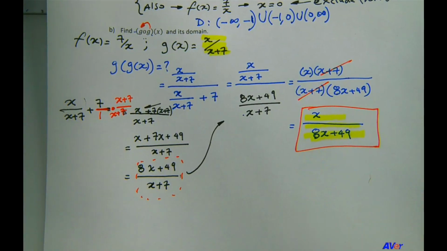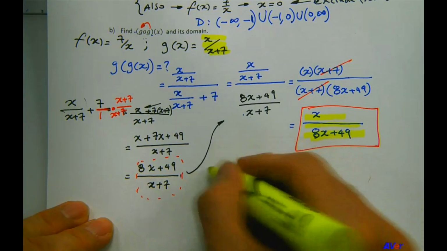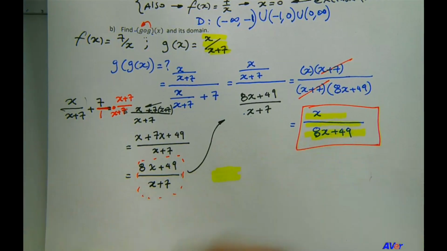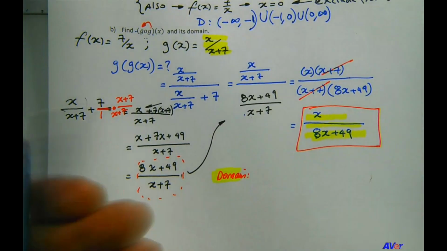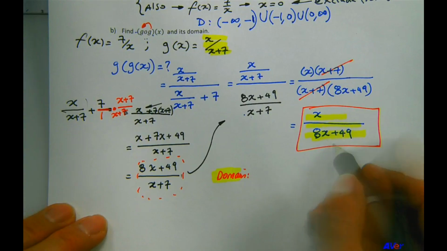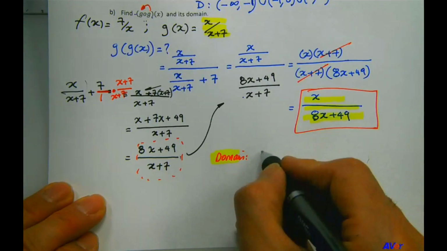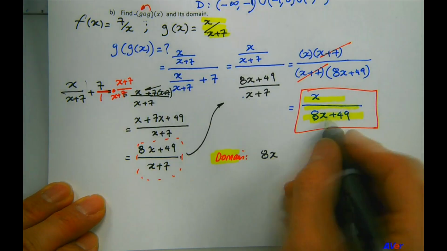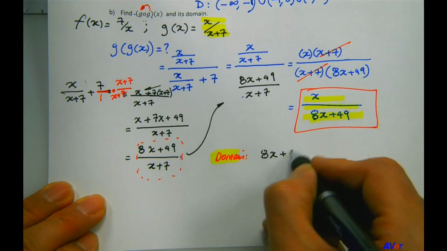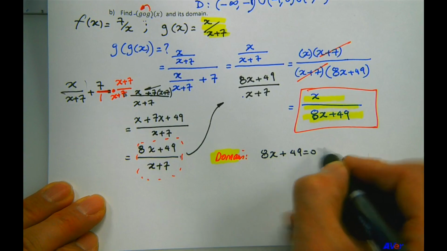So the domain, here we have 8x plus 49 in the denominator. We have to make sure that this denominator is never 0. So 8x plus 49 equals 0.